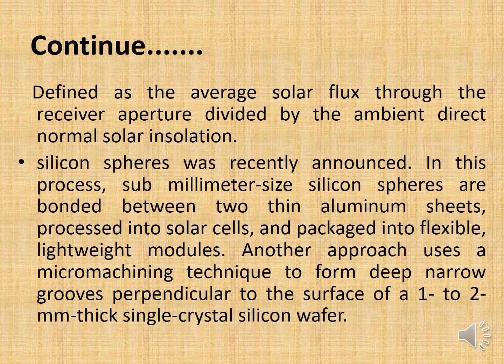The average solar flux through the receiver aperture divided by the ambient direct normal solar insolation. Silicon spheres was recently announced. In this process, millimeter size silicon spheres are bonded between two thin aluminum sheets, processed into solar cells, and packaged into flexible lightweight modules.